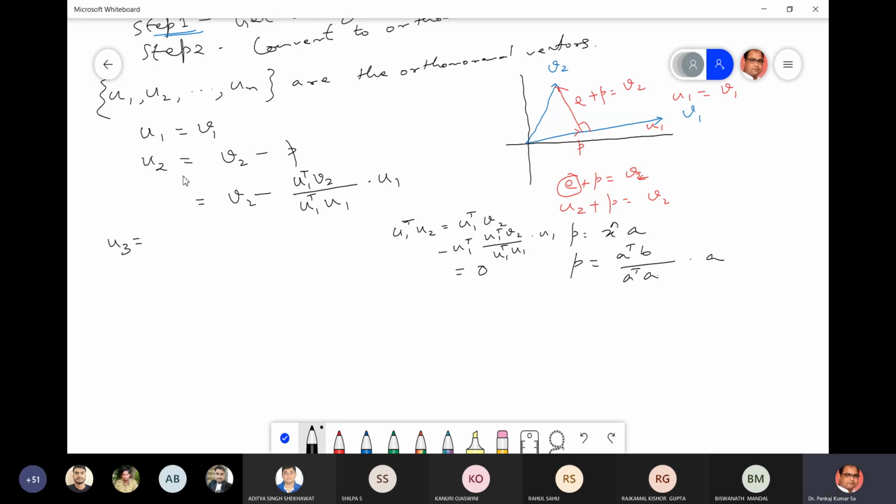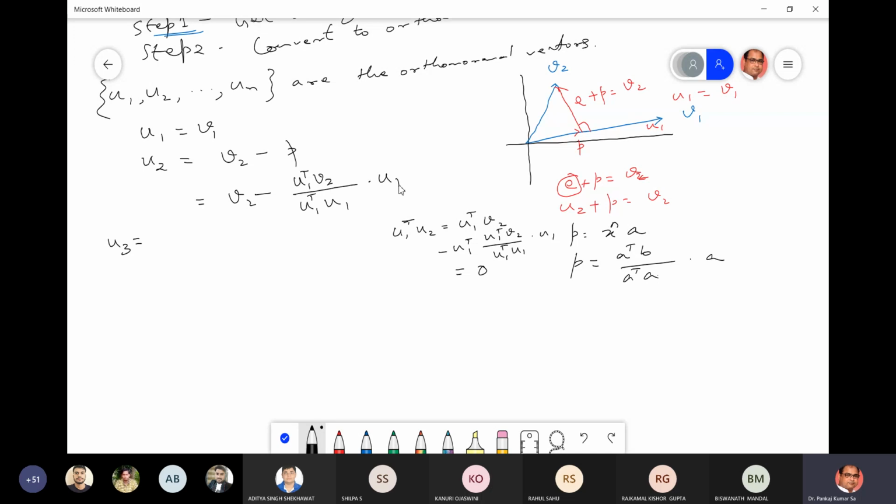More precisely, U2 is the original non-orthogonal basis vector V2 minus something, and that something we derived from E plus P equal to V2.